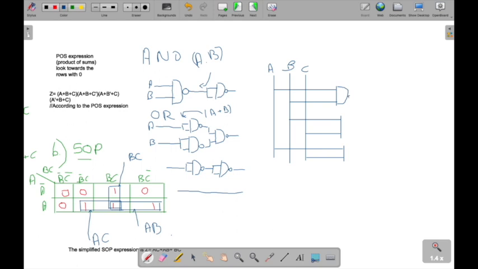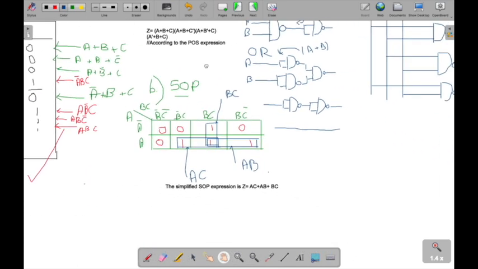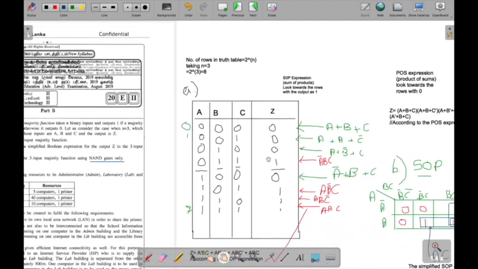Here we have this, and finally this will be your answer for part C. So this is about it for the question, right? So these are all the answers required for this first part.